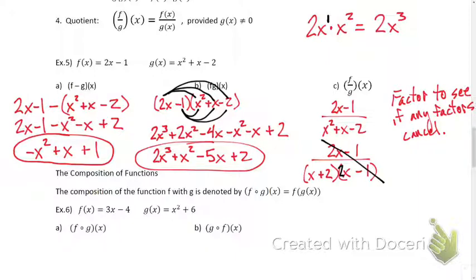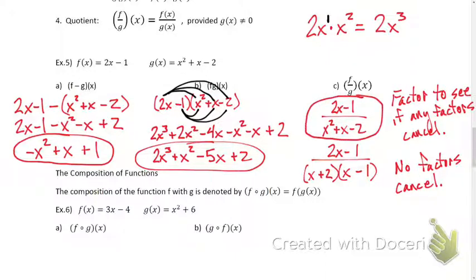But it didn't. So, no deal. Sorry, we wasted our time with factoring. No factors cancel. So that's always a little annoying when you do work that you didn't have to do. I'll take either fraction. That one's simplified. But if you just left it how I had it factored, that'd be fine too.